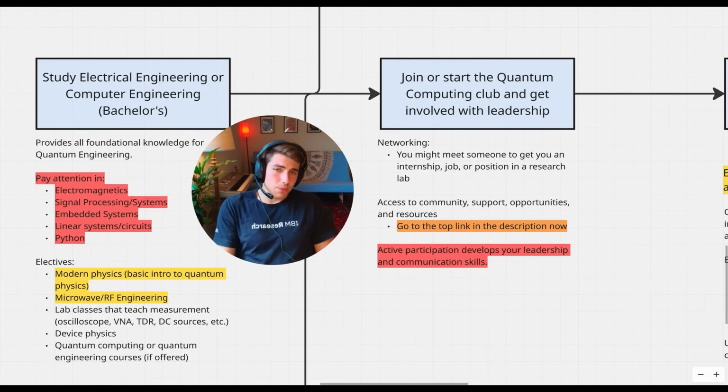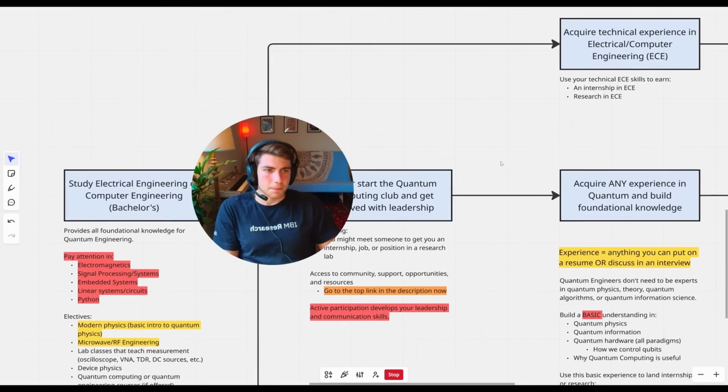Regardless, you're going to have to develop your communication skills, both written and oral. And just starting the quantum computing club, or becoming the vice president or president or something on the executive board, is literally going to be one of the most important things you do for your quantum computing career and your quantum engineering career. Okay, moving on.